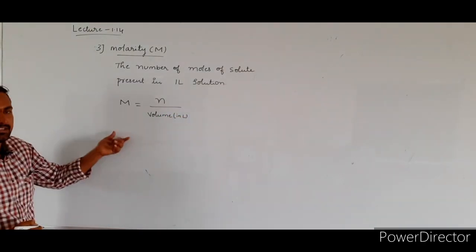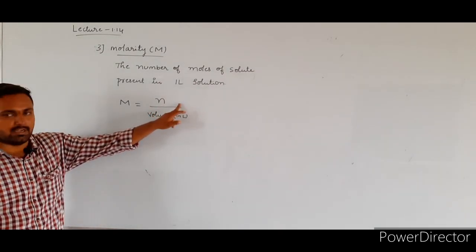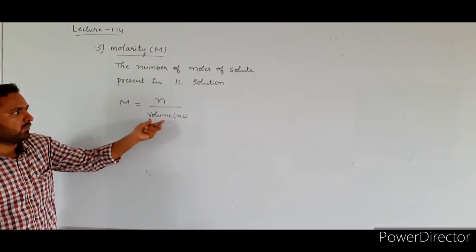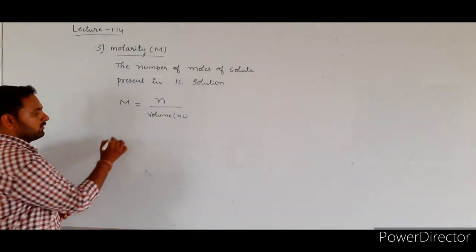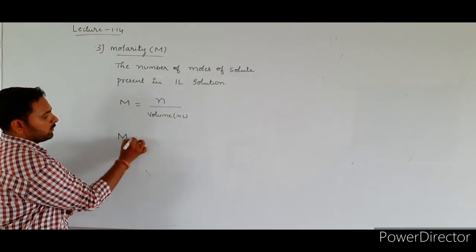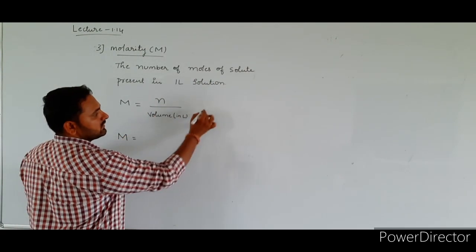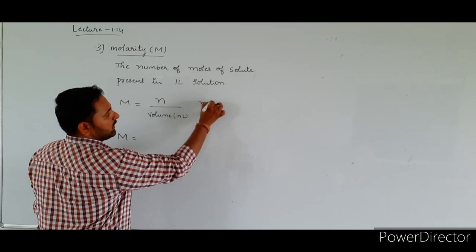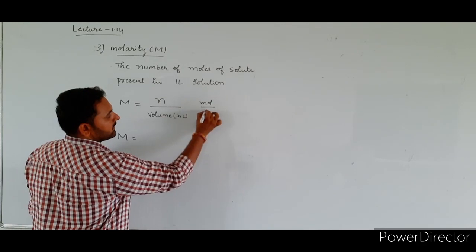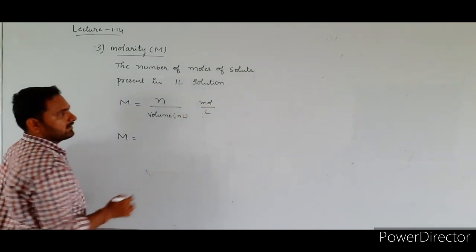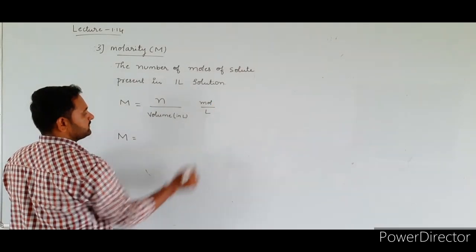Molarity is equal to the number of moles of solute divided by the volume of solution in 1 liter. Now, what is the unit of molarity? The unit of number of moles is mole, and the volume of solution is in liters, so the unit of molarity is mole per liter.